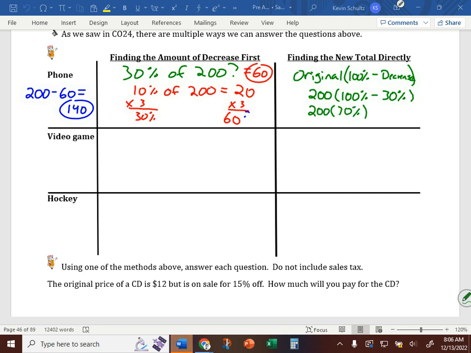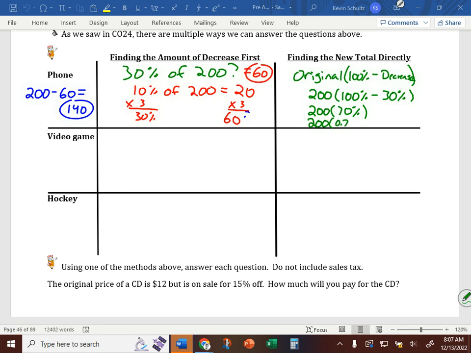And this formula makes sense because if we didn't change our amount of time talking on the phone at all, we'd still be talking for 100% of the 200 minutes, right? It wouldn't change. We're talking for all of it. By taking 30% off, we're now only talking for 70% of the 200. Not the whole thing. We've decreased it. What's 70% as a decimal? Nolan. 0.7 or 0.70, right?